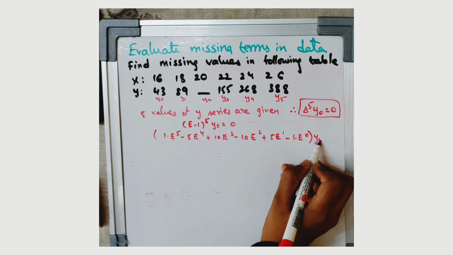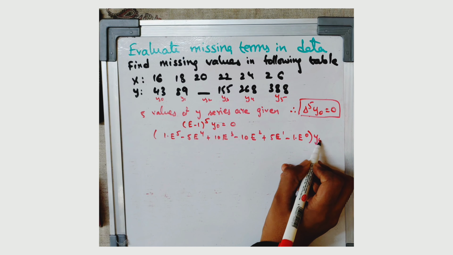That is E power 5, just multiply with y0. Okay, and E power 5 y0 minus 5 E power 4 y0 plus 10 E power 3 y0 minus 10 E power 2 y0 plus 5 E power 1 y0 minus 1 E power 0 y0 equals to 0, right?